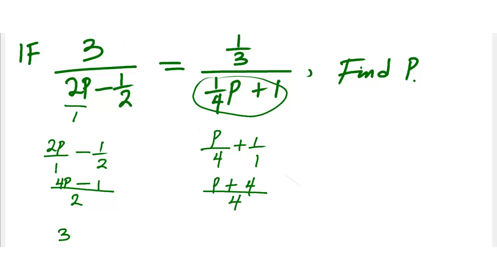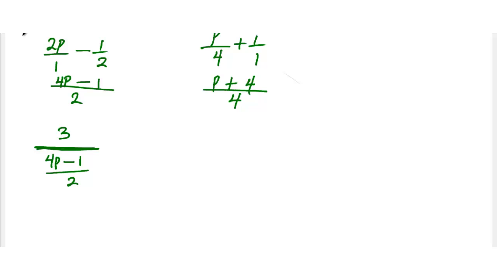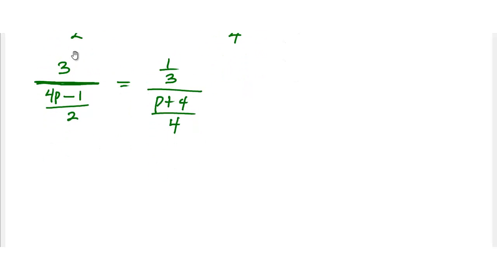So if I now want to write it, I will now write 1 over 3. So this one will now be equal to 1 over 3 divided by P plus 4 over 4. So we are moving on gradually. The next thing is, let me now evaluate this left-hand side. If I want to rewrite this side, I can write it as 3 divided by 4P minus 1 over 2.